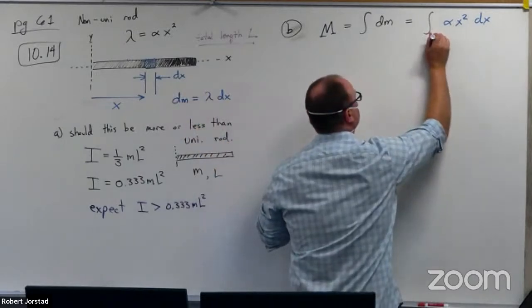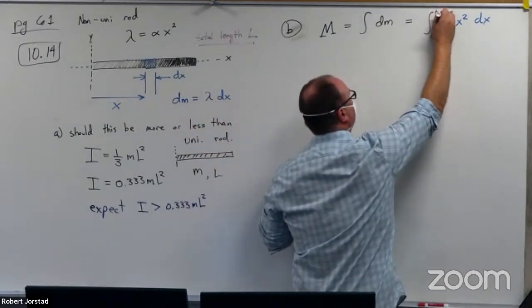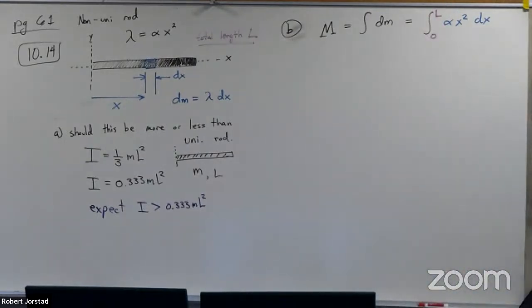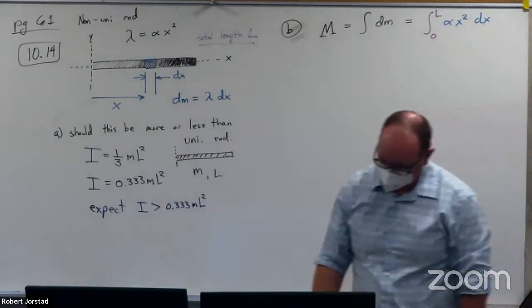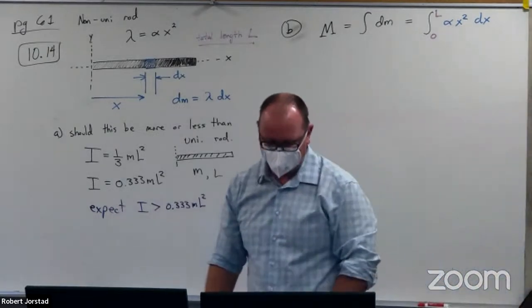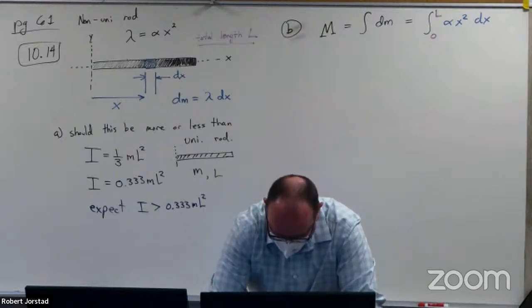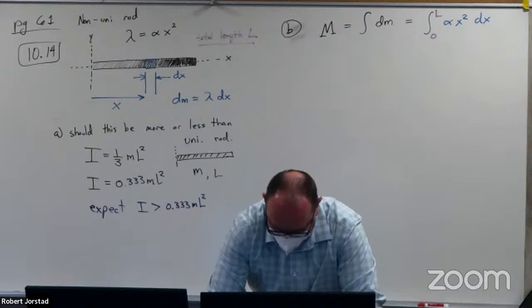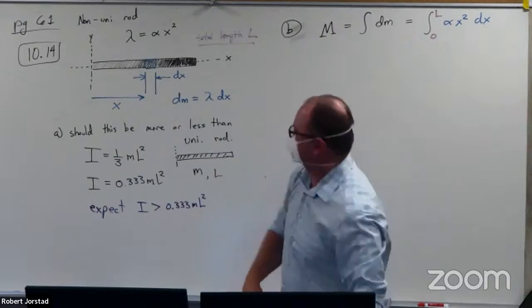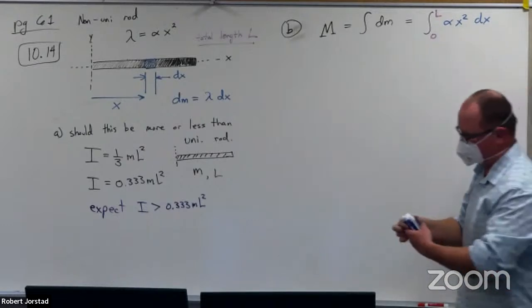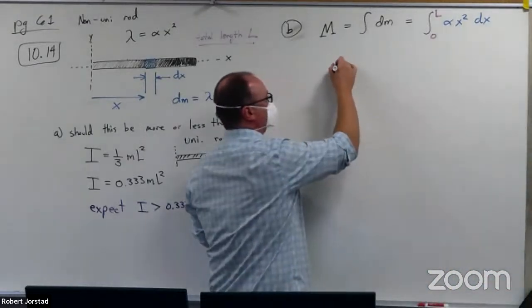Rightmost, L. Oh, I see. Wait a minute here. Reading B more carefully, it says we know what M is, figure out alpha. Oh, okay, so I kind of mixed it up. Well, can we use this integral to figure out alpha? Let's find out. I apologize, I didn't read very well.